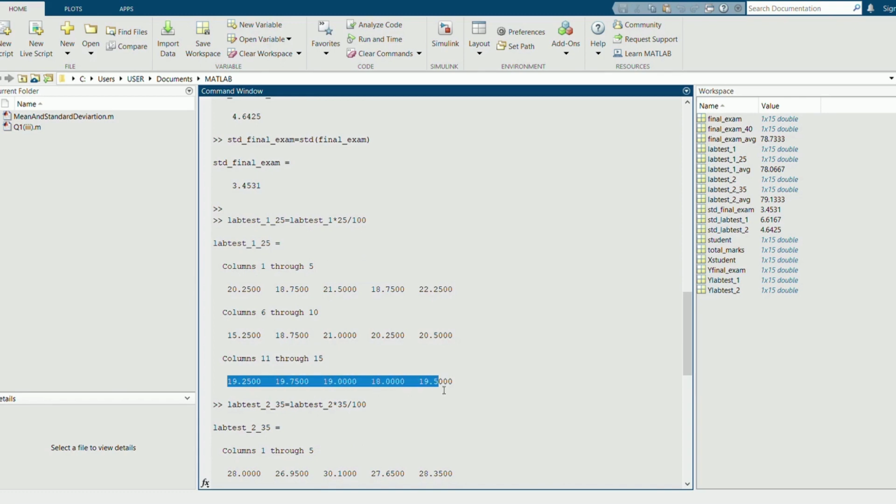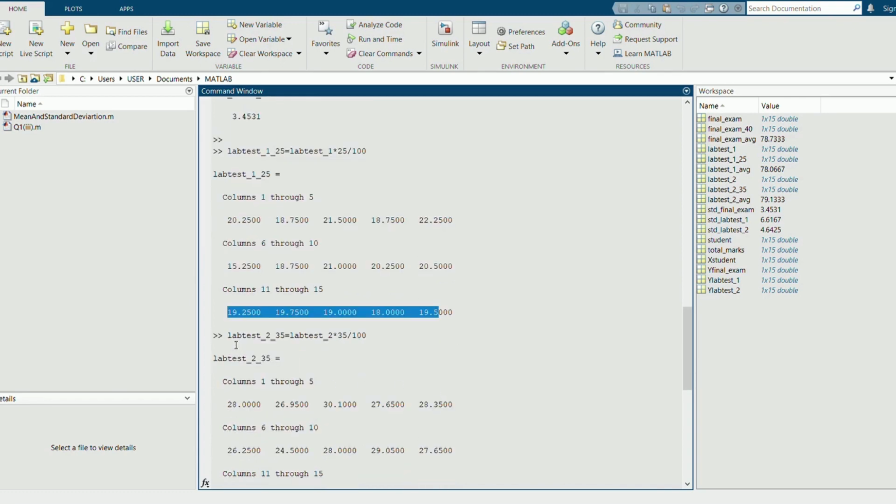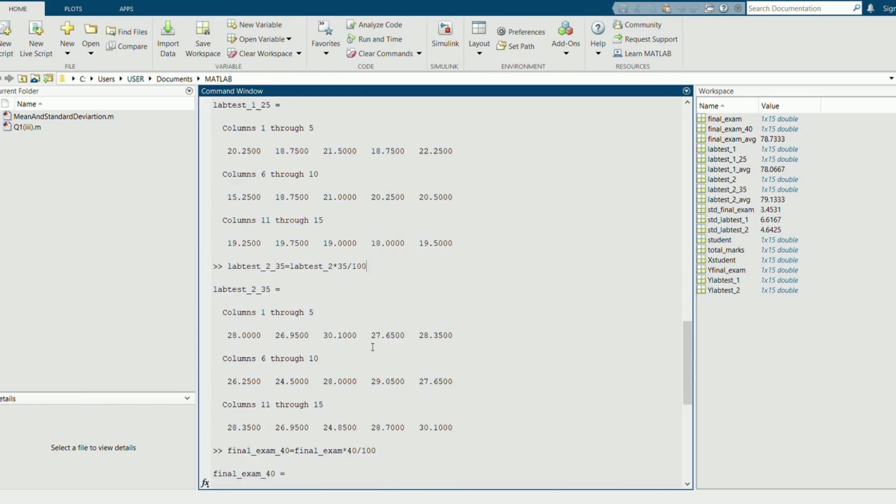For lab test 2, it is lab test 2 times 35 divided by 100, meaning 35%. There is the result I get.